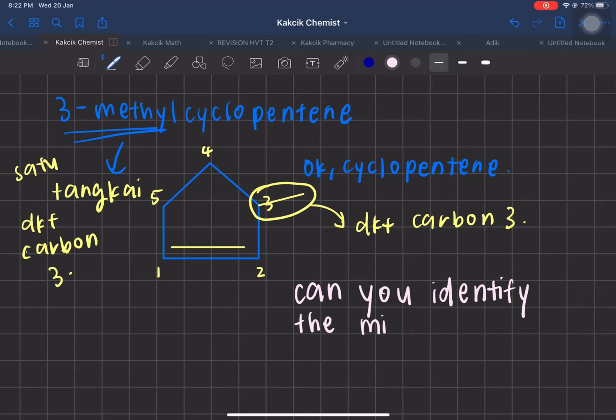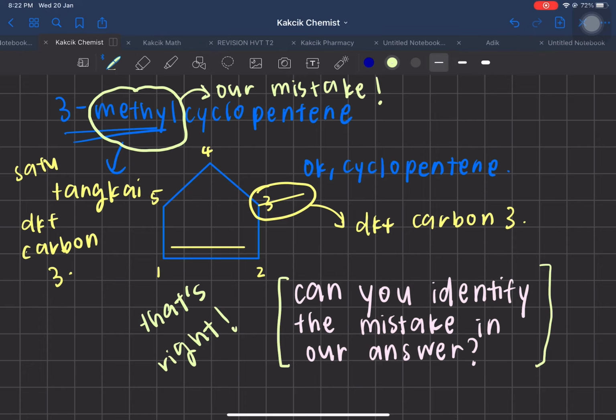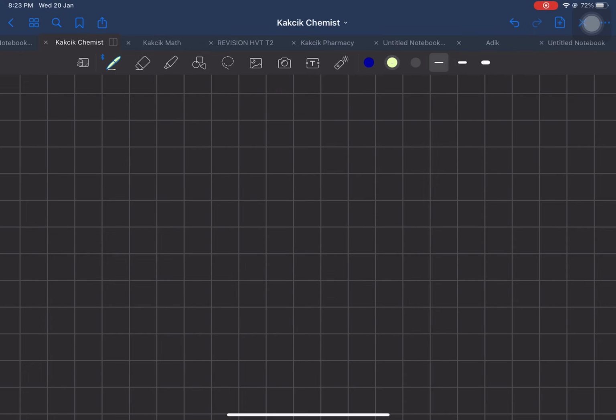Okay, lepas tu masuk. So can you identify the mistake in our answer? Okay, mistake that I make is I letak methyl as in small letter. Sepatutnya bear in mind that it should be M in capital letter.